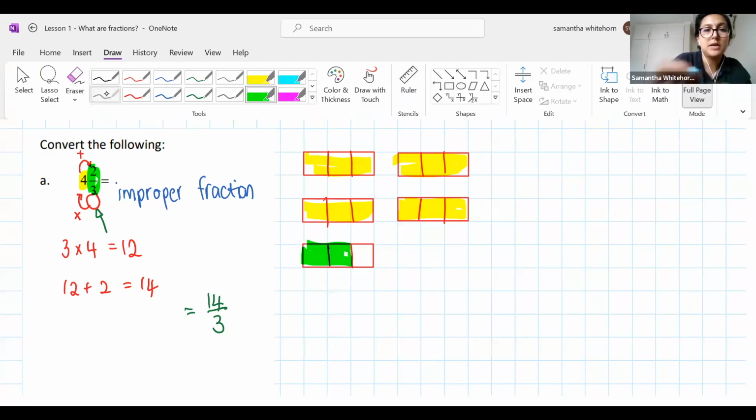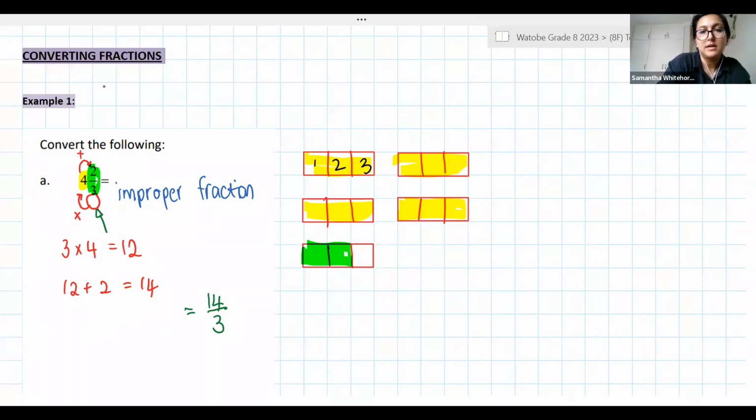Now, if I count how many blocks I've colored in, I've got 3, 6, 9, 12, 13, 14. So there's my numerator out of the 3, which is my denominator.